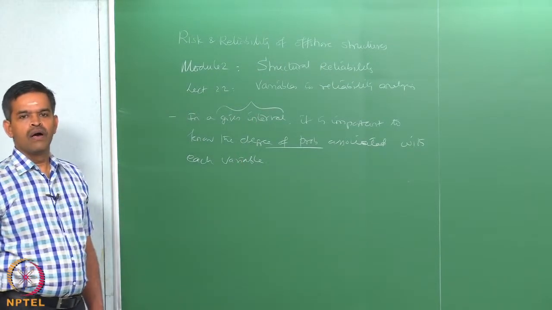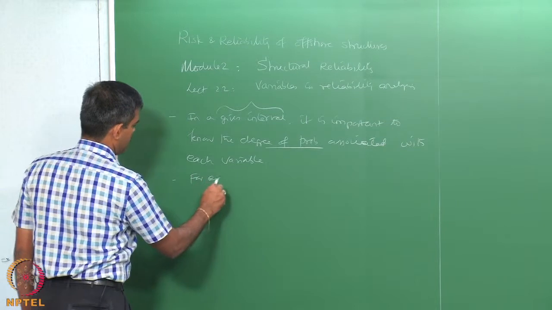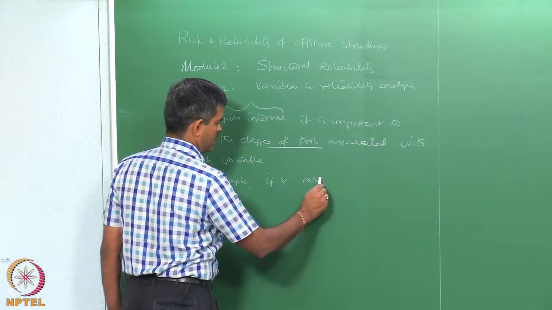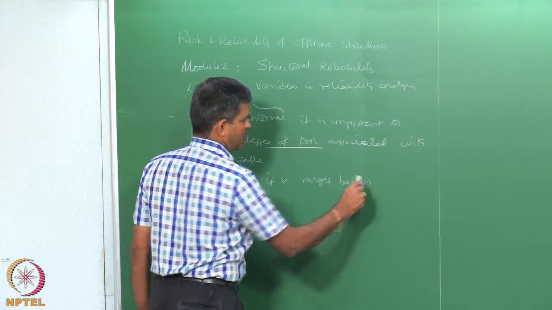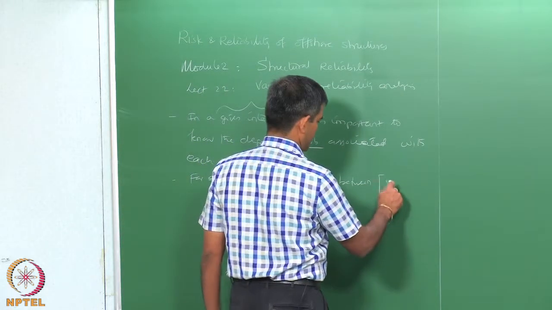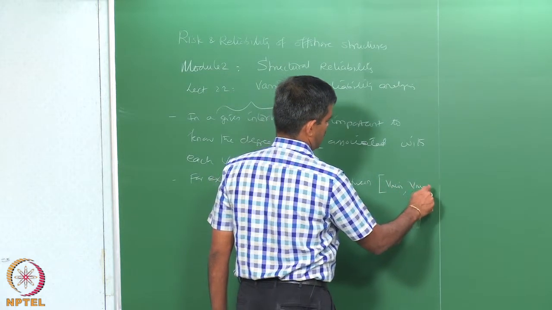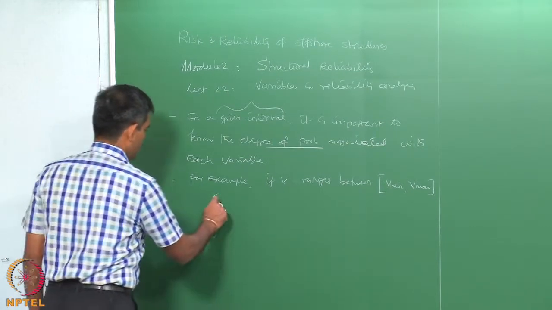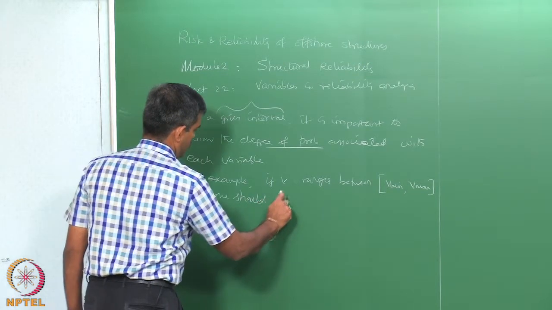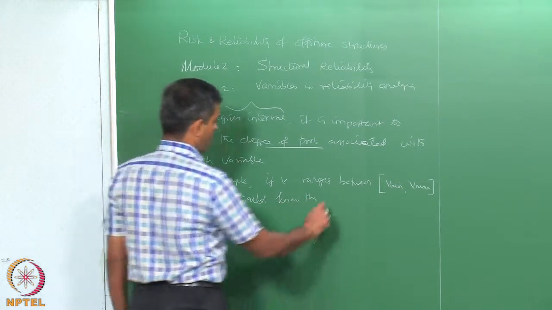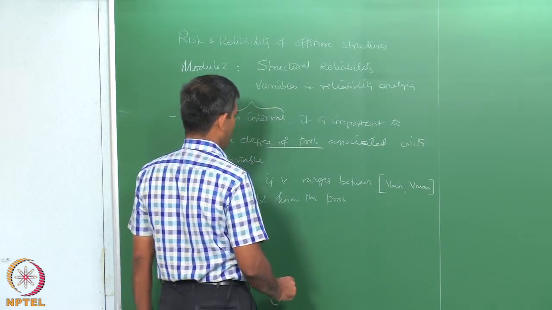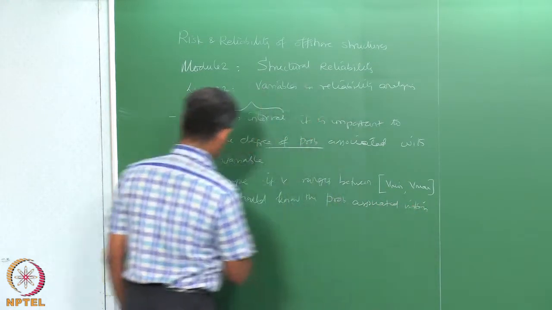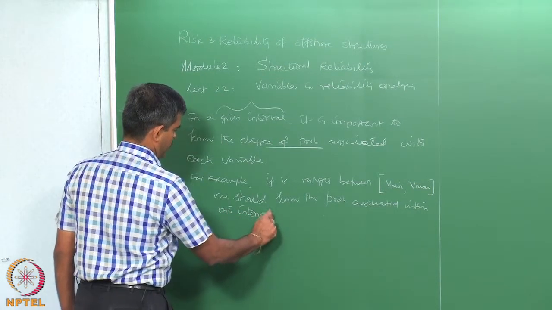For instance, let us say if V ranges between V min and V max, one should be able to calculate, or one should know, the probability associated within this interval for each variable.